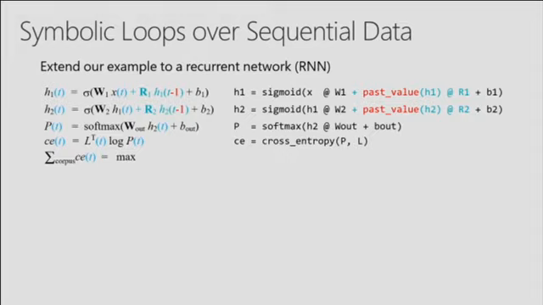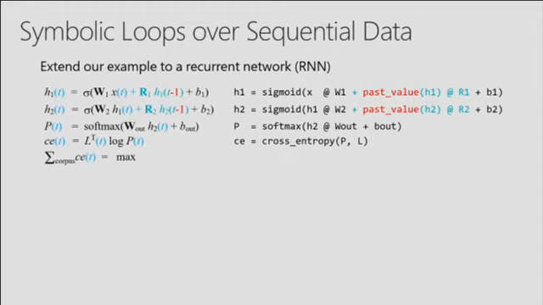Essentially, the input x is now a function over time t, and the hidden state at time t is not only going to depend on the input x at time t, but also on its previous state, which is h(t-1). So the math equation stays very simple. You introduce two new matrices, R1 and R2, to represent what you want to do with your hidden state. And then you have pretty much everything the same as before.